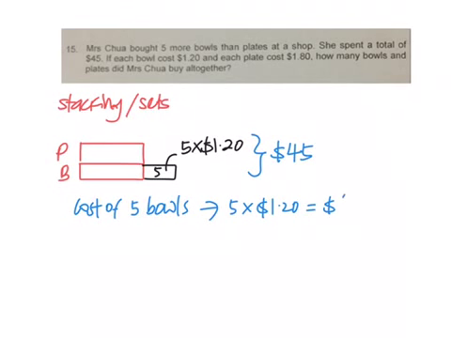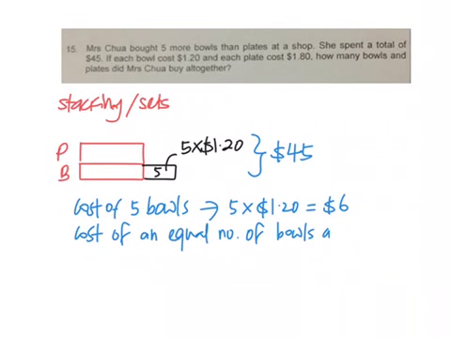That gives me $6. And then I find out the cost. Am I able to find out the cost of an equal number of bowls and plates?